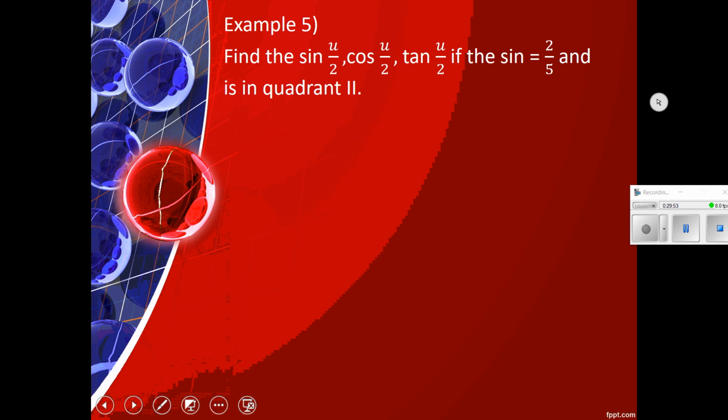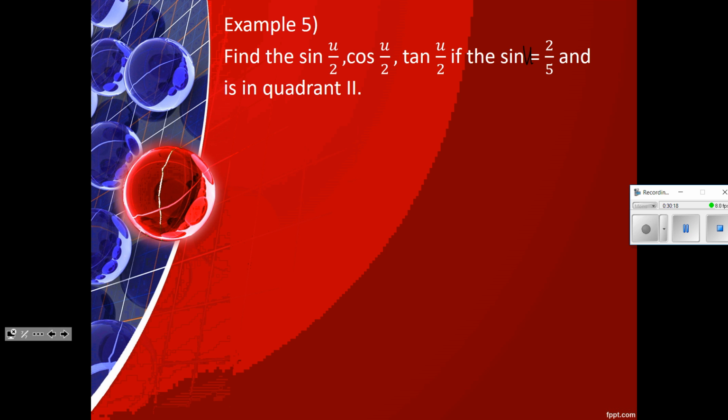You don't need to double 2/5 or anything like that, and you wouldn't double it because it's not degrees. So I'm telling you u is 2/5, and you're in quadrant 2. You could put that in the formula. Does that make sense?